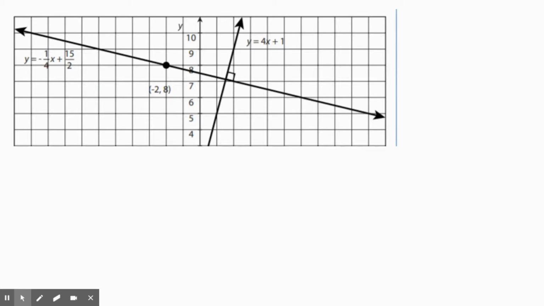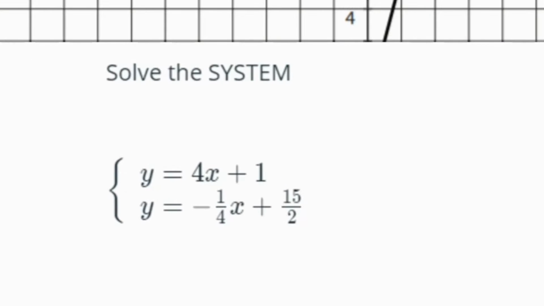And here's a graph of both of those lines. If you really want to know what the point is that's closest to the other point, it'll be the intersection of those lines, which means you'd have to solve this system. There are several different ways you can solve a system of linear equations.